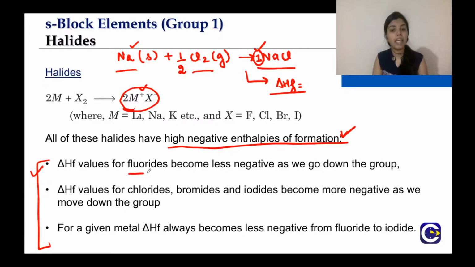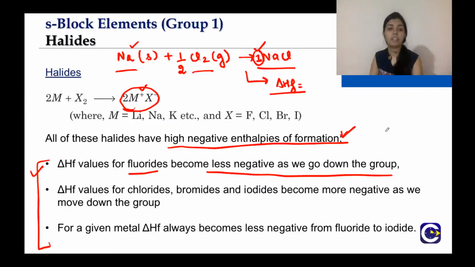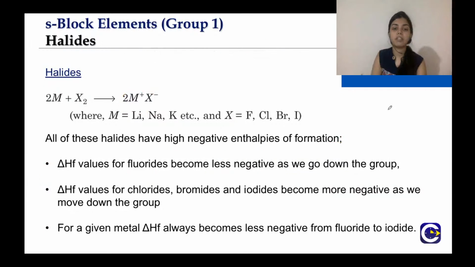So for fluoride, the enthalpy of formation becomes less negative down the group, right? So if you get a question like this, let us say that amongst cesium fluoride and potassium fluoride, which one will have a high negative enthalpy of formation?